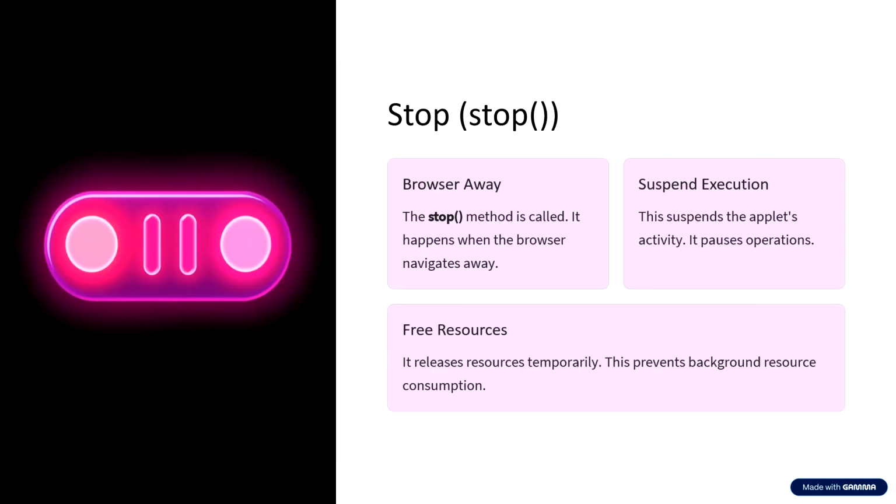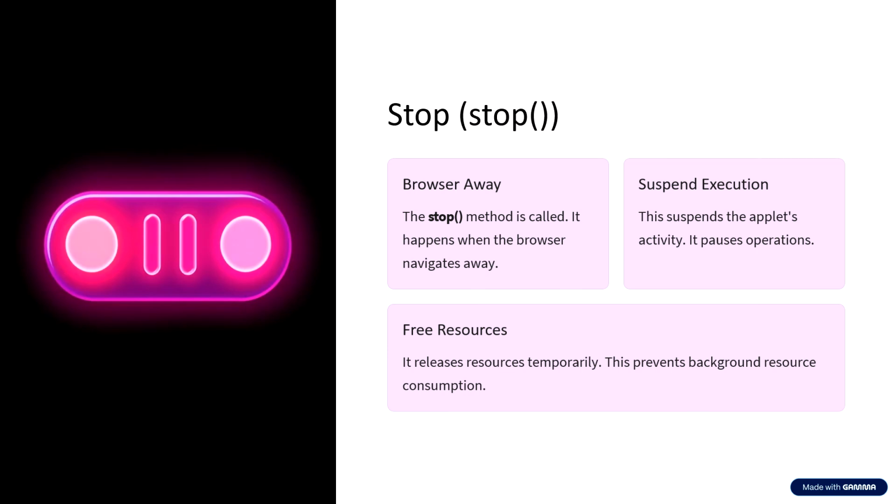The next method is the stop method. The stop method is called when the web browser leaves the HTML document containing the applet, when it goes to another page. For example, when stop is called, the applet is probably still running. You should use the stop method to suspend threads that don't need to run when the applet is not visible.